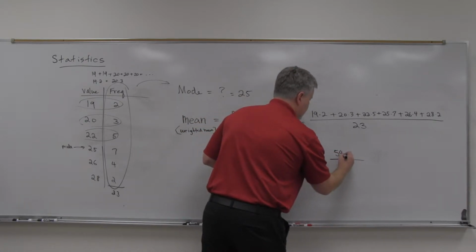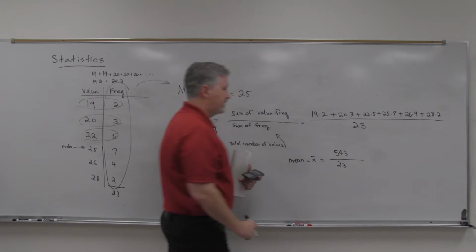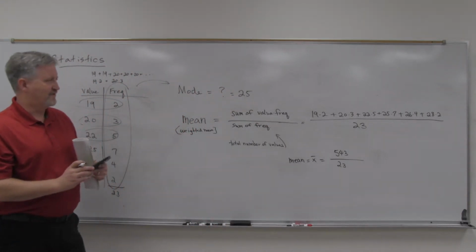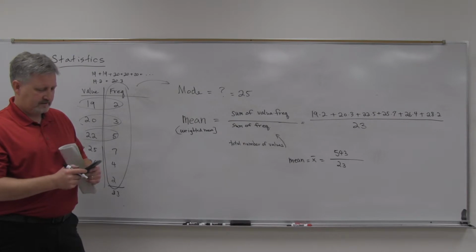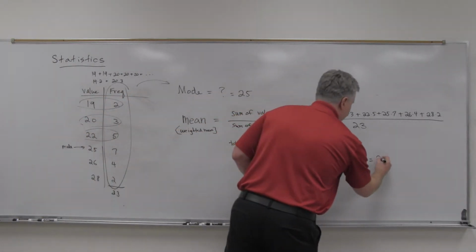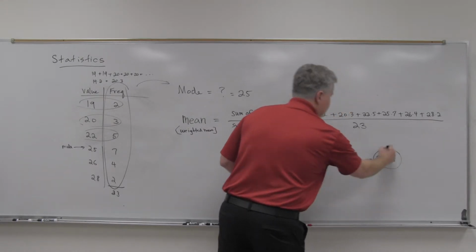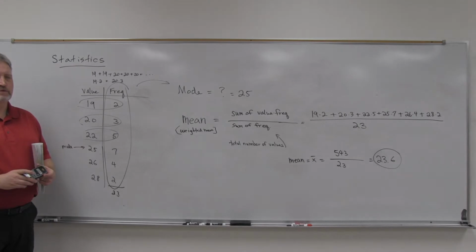Anybody else get that for the top here? Yeah. 543? Believe that? All right. And divide that by 23, and so that gives you the mean, 23.6. We okay with that? All right.